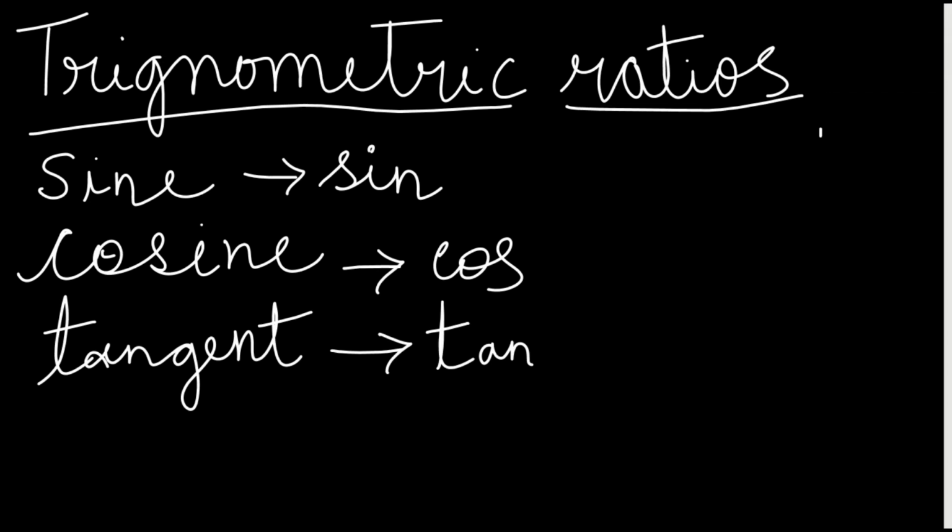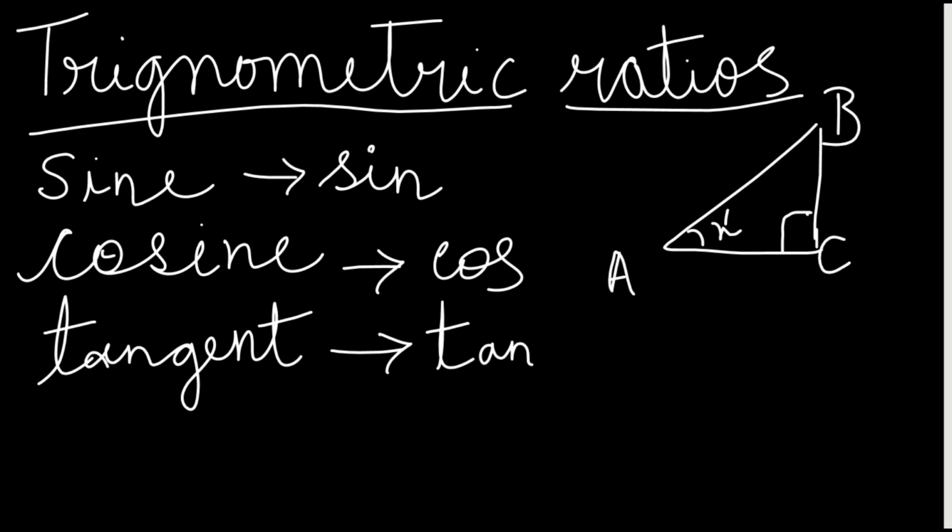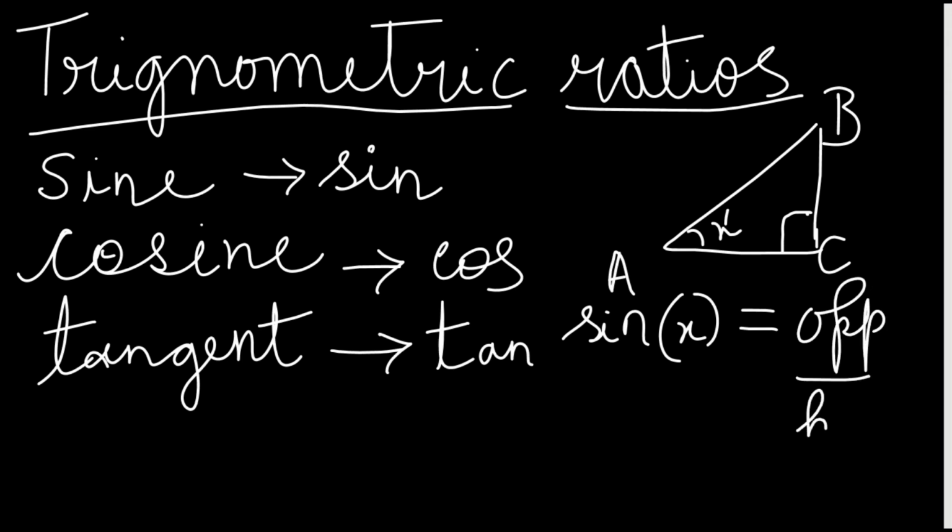If you look at this particular right angle triangle, this will be our right angle. We will take our reference, that is, angle X. This is how the vertices are named, A, B, C. Then how do we find sine of angle X? Sine of X is equal to opposite by hypotenuse.